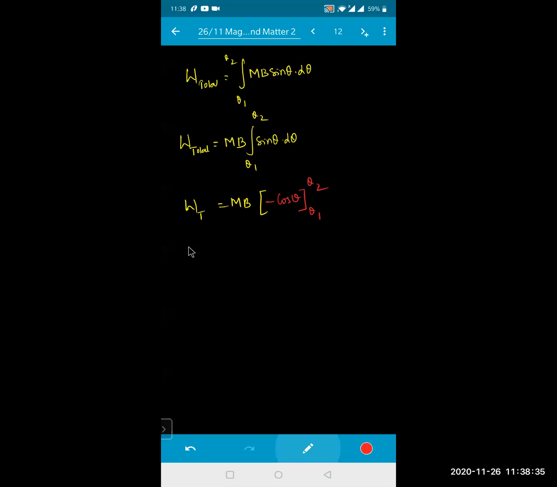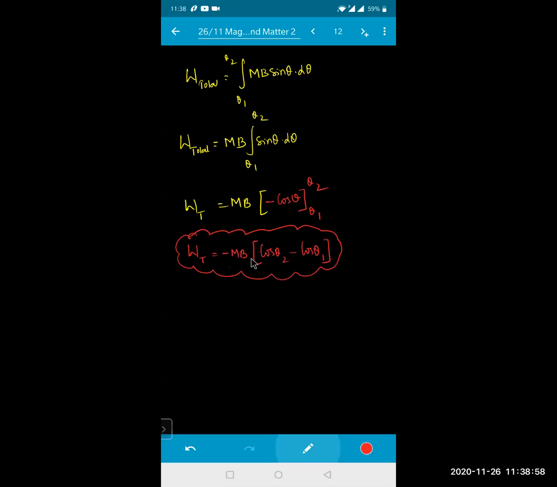So total work will be equal to how much for me? Minus mB if I'm bringing it out. So this is upper limit minus lower limit: cos theta 2 minus cos theta 1. So work done to rotate a bar magnet in a magnetic field is given by the formula W is equal to minus mB into cos theta 2 minus cos theta 1.